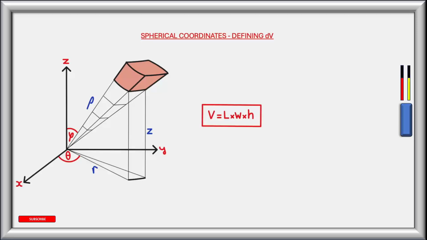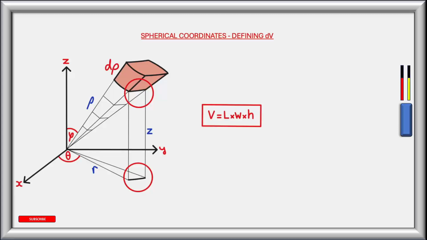We can see that the height dimension, circled here, is along the radial distance ρ, and is represented by an infinitesimally small piece of ρ, which we call d ρ. If we extend lines down from the rectangular box, we see that the width dimension of the box, circled here, also lies parallel to the xy plane, circled here, and is the arc of a circle where the radius of the circle we saw was r when using cylindrical coordinates.